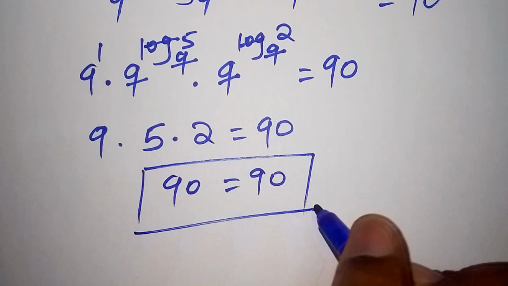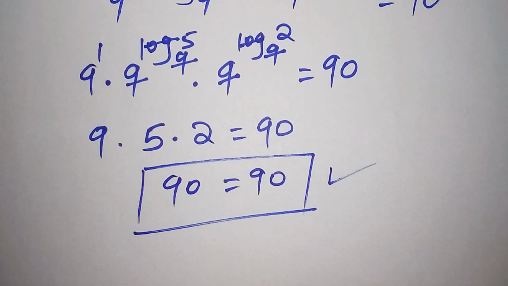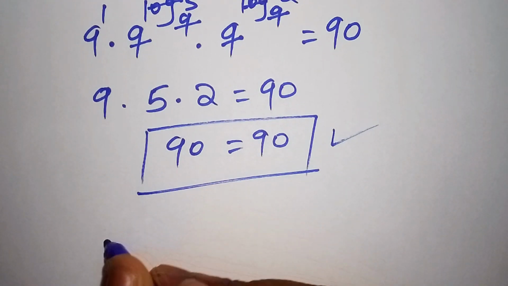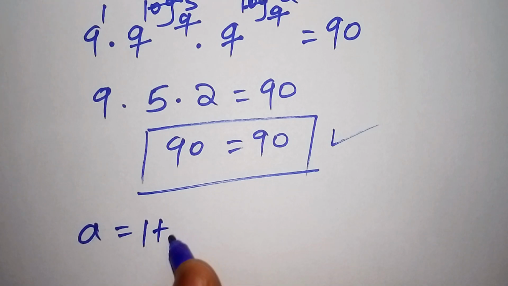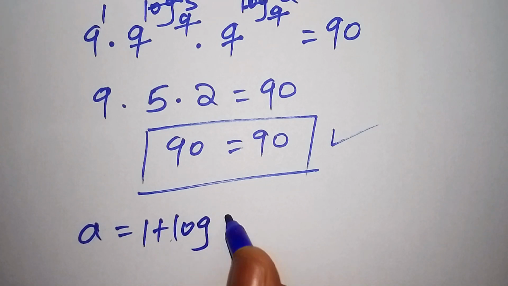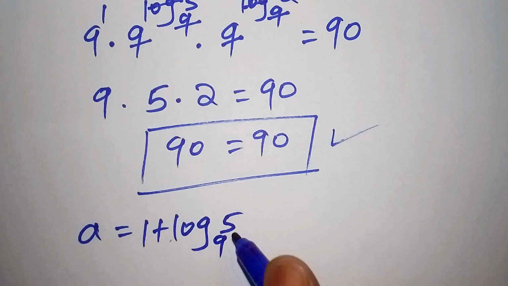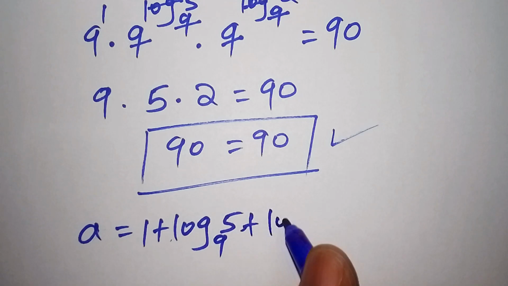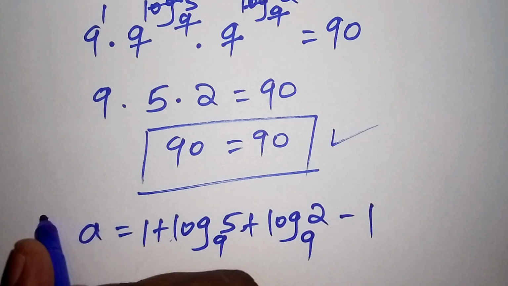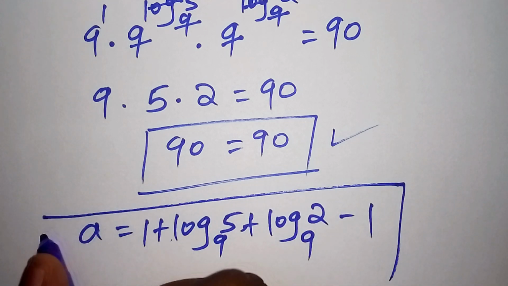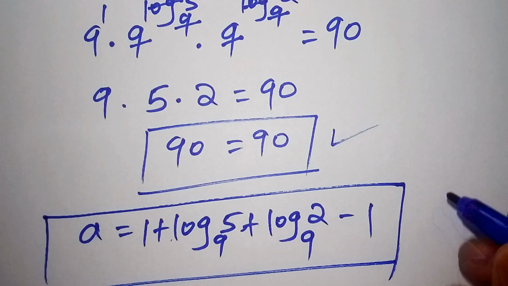Meaning that the answer that we got was correct, when we agreed and said that the value for a in this case is 1 plus the log of 5 to the base of 9, plus the log of 2 to the base of 9, minus 1. So this one is the correct answer, and I believe that you've worked it out and you got this as the correct answer.